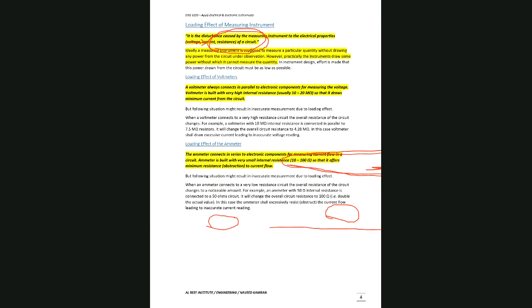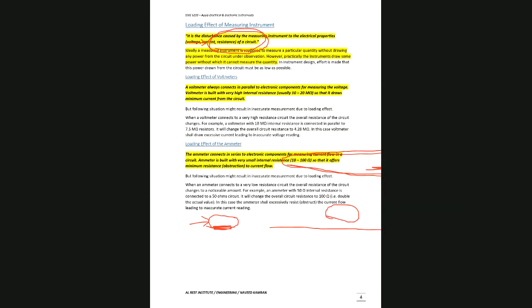Now remember, the actual resistance of the circuit should be 7.5 mega ohm, but because you connected the voltmeter in parallel, and if you remember the rules to solve a parallel circuit to find the total resistance, after connecting the voltmeter the total resistance comes out to be 4.28 mega ohms, as written in this paragraph.